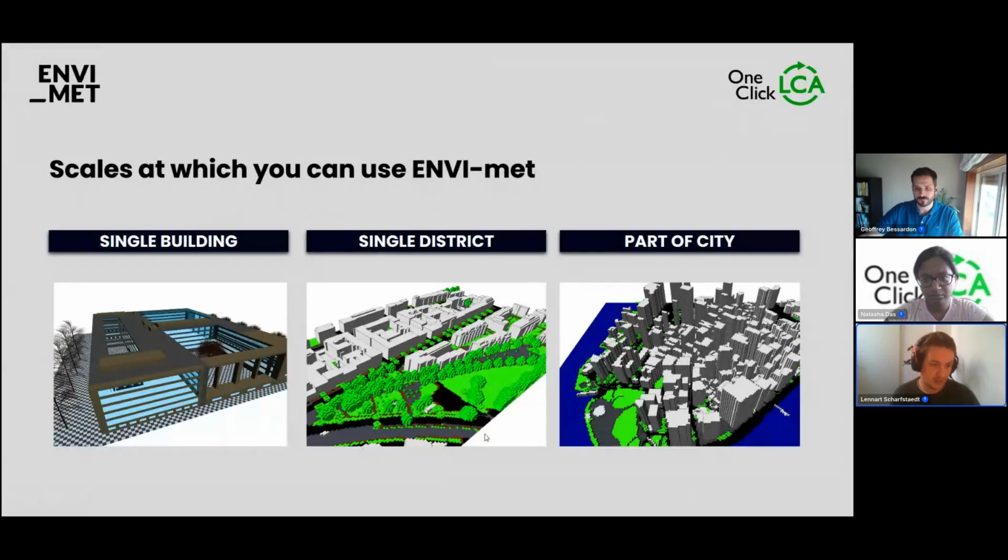Then we can also have a look at single city districts, which are around 500 by 500 meters big, and we can even go bigger than that and simulate whole parts of cities. If the city is small enough, we can also simulate the whole city, and something like a 2 by 2 kilometer model area is a common thing to simulate with ENVI-met.